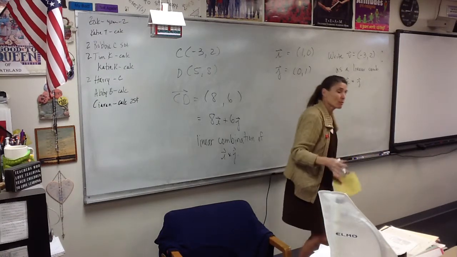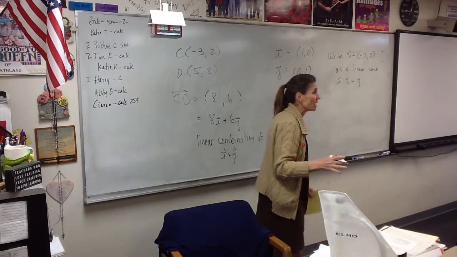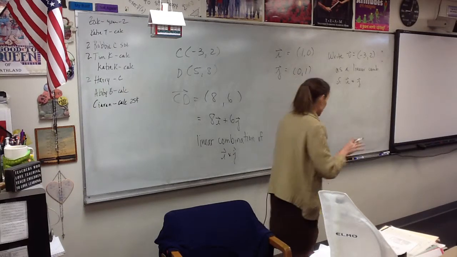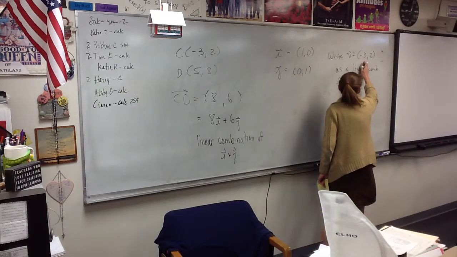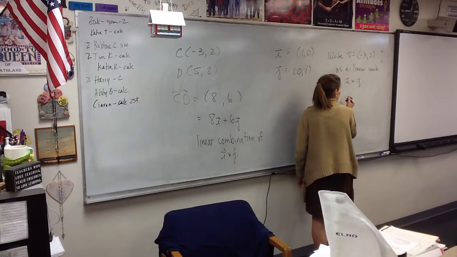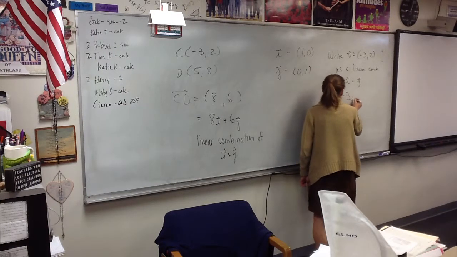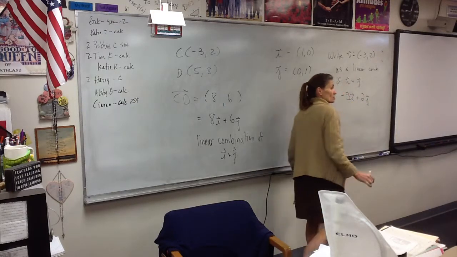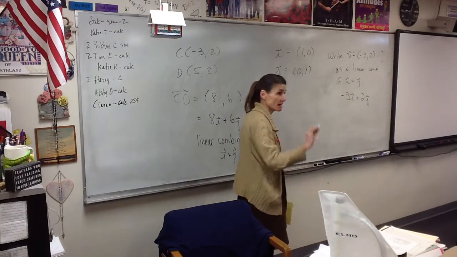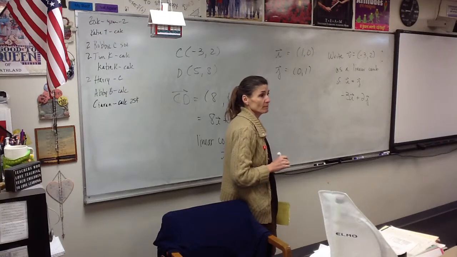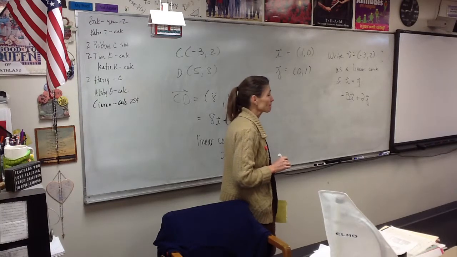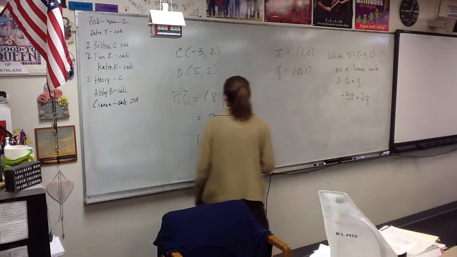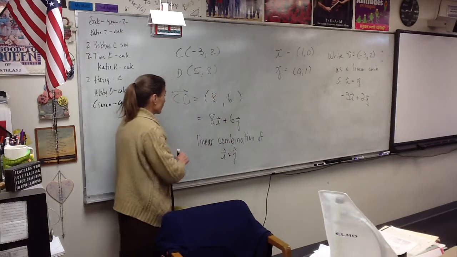It takes forever to write the problem. It sounds really complicated, but it is easy. What would this vector be in terms of I and J? -3I plus 2J. Just remember, it's an addition. It's not a comma. It's an addition. That's it. Easy.